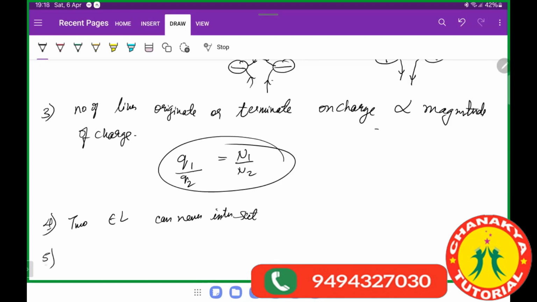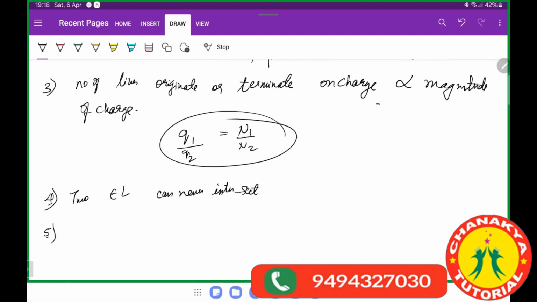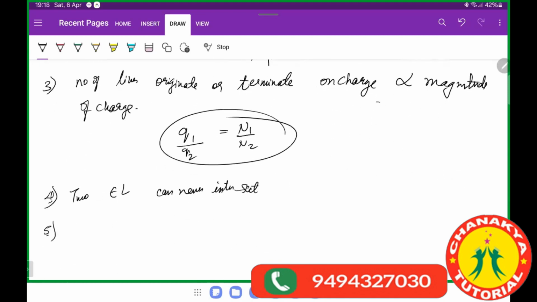Now, the fifth one. Like the lines originating from north and ending in south, in this case it begins from a positive charge and ends on a negative charge.